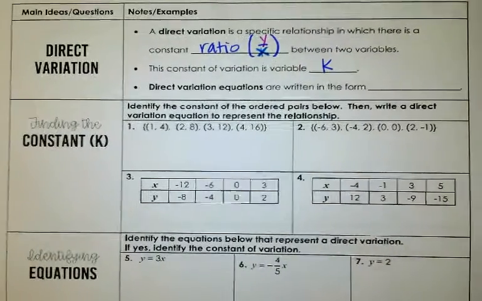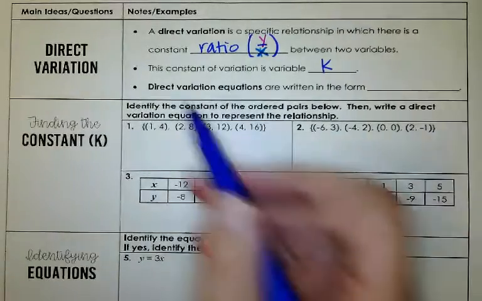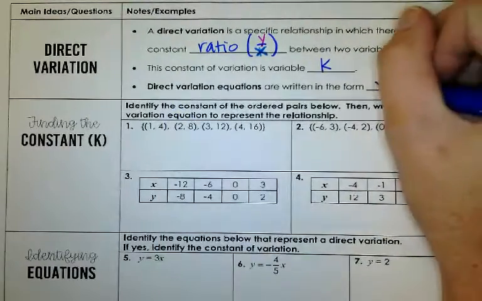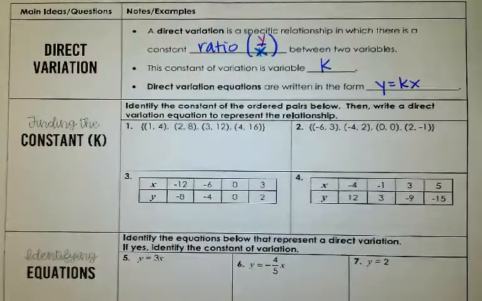All right, guys? Now, here's the deal. We're not going to spend a ton of time on direct variation because direct variation is really just a very, very specific type of linear equation, okay? And it's written in this form, y equals kx. Okay, guys?